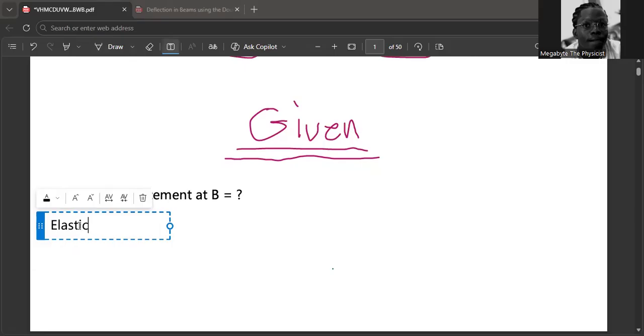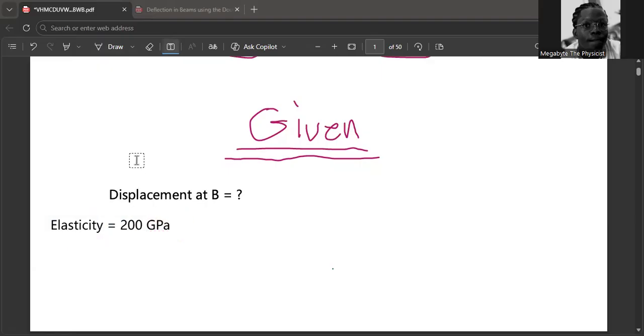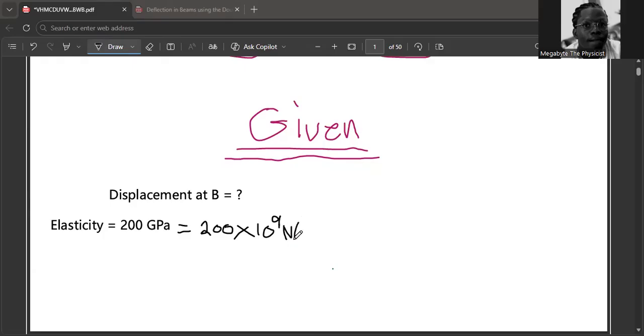Our elasticity is equal to 200 gigapascal, which is also equal to 200 times 10 exponent 9 Newton per meter squared.